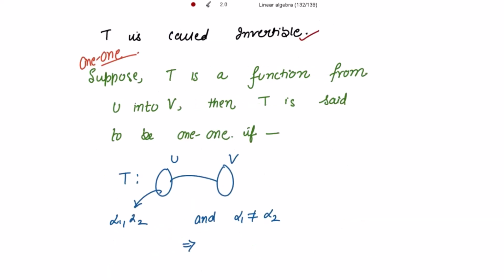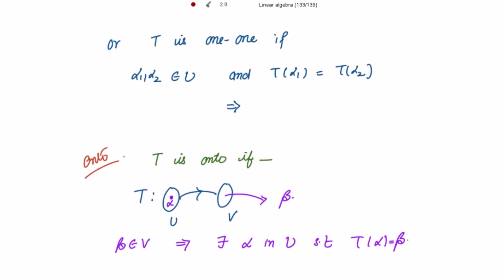Right? So now for one-one, suppose T is a function from U into V, then T is said to be one-one if I take elements from U, alpha 1 not equal to alpha 2. If I take distinct elements from this vector space U, then this implies T alpha 1 is not equal to T alpha 2. Or we can also say that if I take two elements from the vector space U, and if T alpha 1 equals T alpha 2, then this implies alpha 1 is equal to alpha 2.